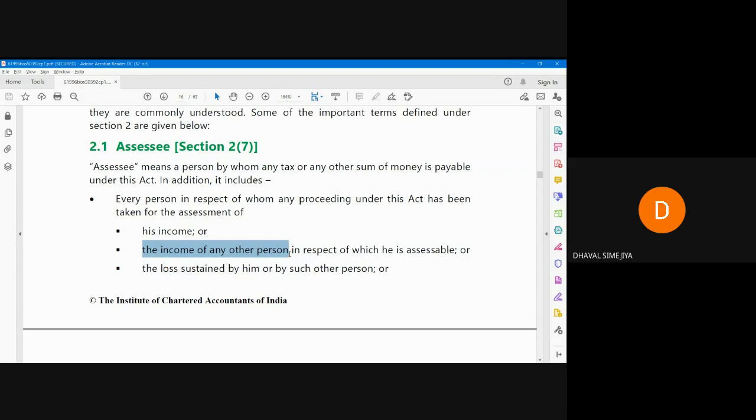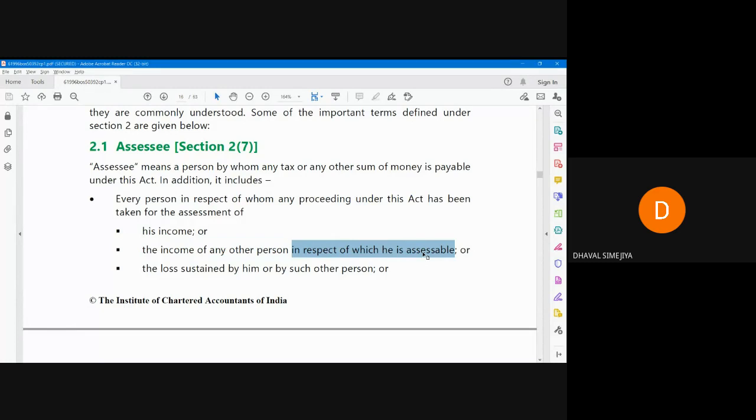Now, whatever income generated by Mrs. X will be assessable in her name and not in the name of Mr. X. So income tax department says it's not like that. That is your business. You have transferred your business to your wife without any consideration. It means you will be the assessable person in respect of which he is assessable. Means Mr. X is assessable.